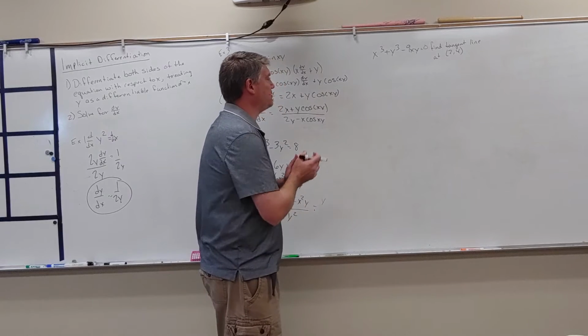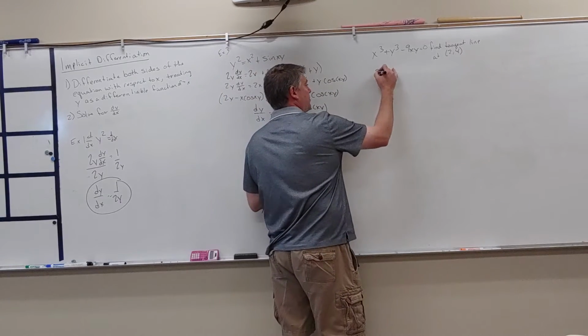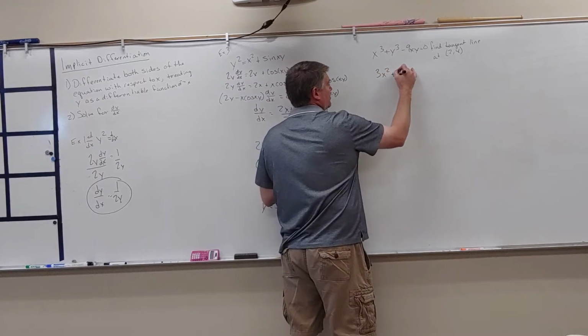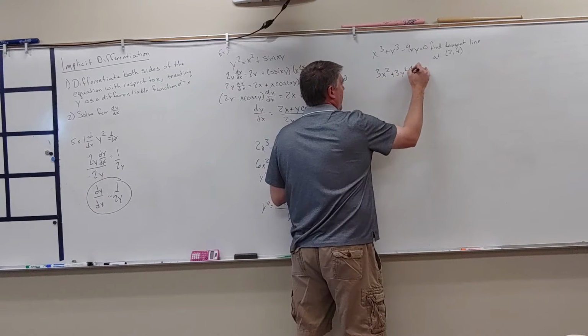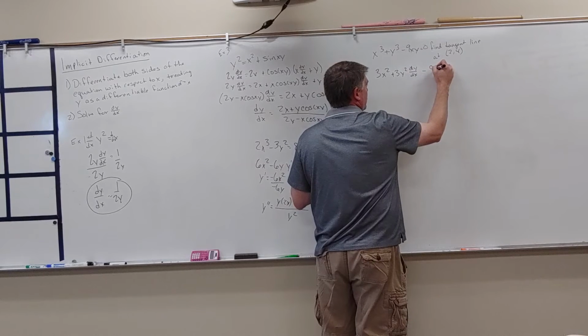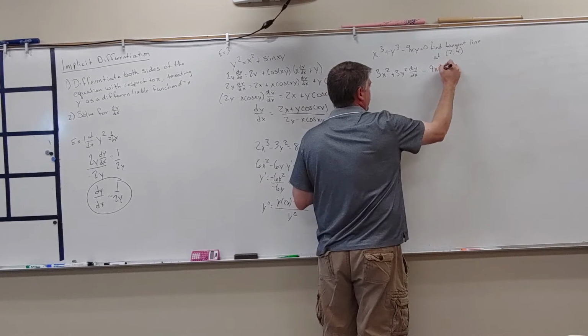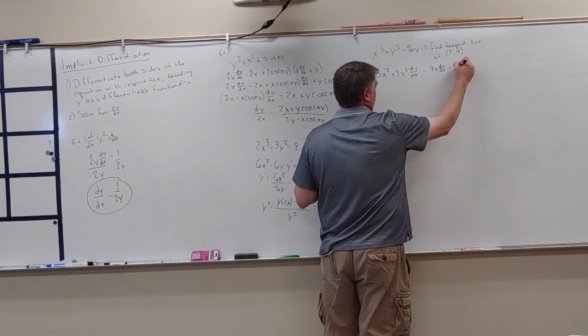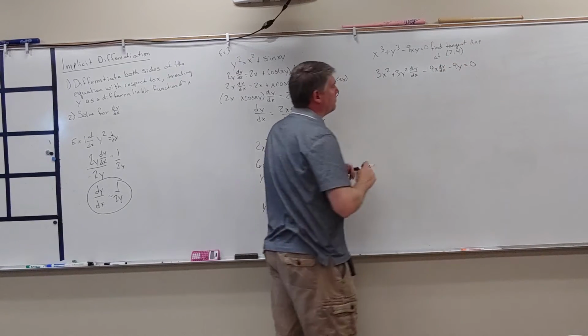Remember, my derivative gives me my slope. So I have 3x squared plus 3y squared dy/dx minus 9x dy/dx minus 9y equals 0.